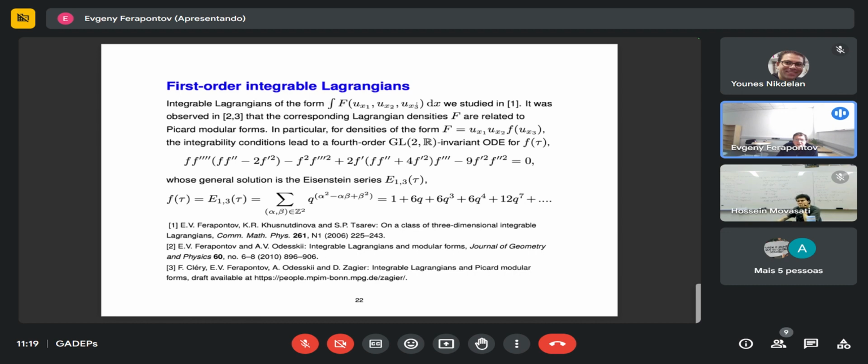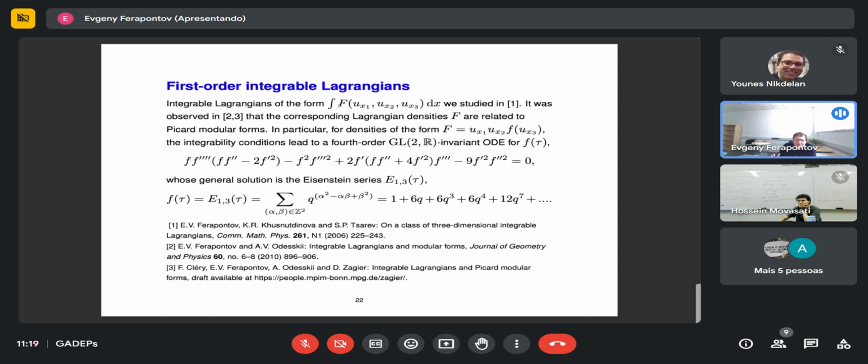The density of the Lagrangian is just some function f of first order derivatives u_x1, u_x2, u_x3, with no assumptions on the function f. If you write the Euler-Lagrange equation for this Lagrangian, you'll get a second order PDE. And we may ask, for which functions f will this PDE be integrable?